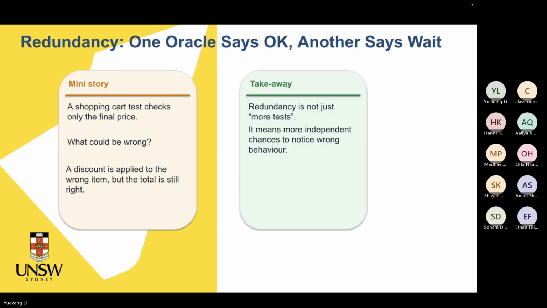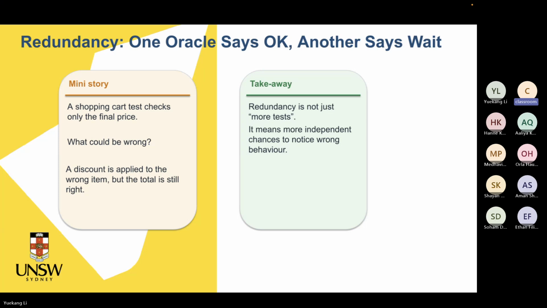So the takeaway here is that redundancy is not just about more tests. It's more about designing tests from different angles, so that we have more independent chances to notice the wrong behavior.